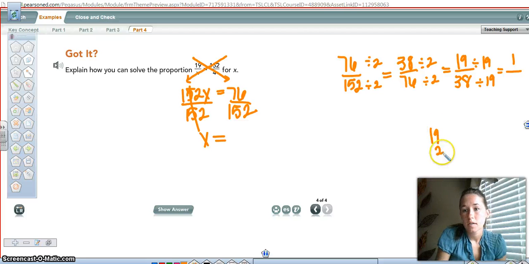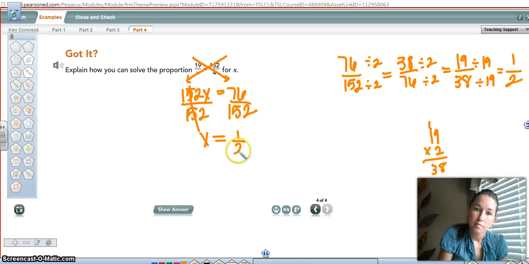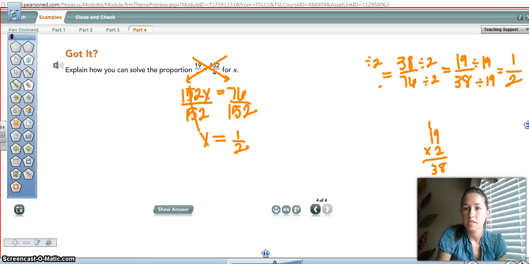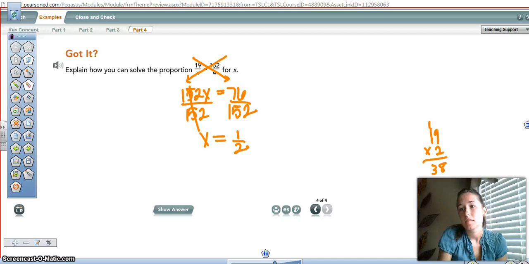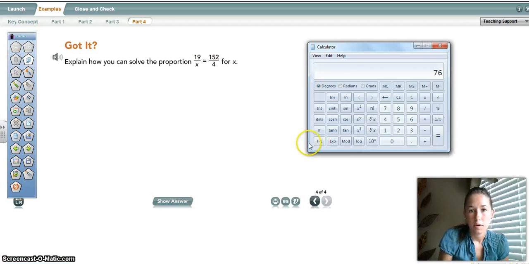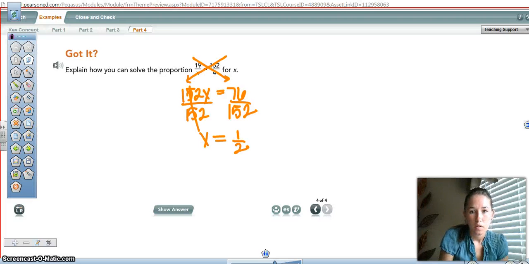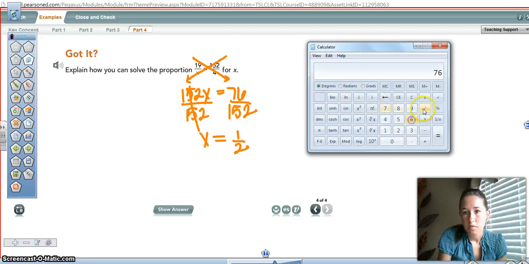Because 19 times 2 is 38. This just makes 1/2. We could also have used a calculator to get a decimal answer. That was just doing some reducing. If we used our calculator, what do we have? 76 divided by 152.